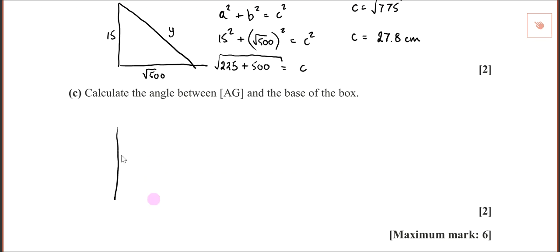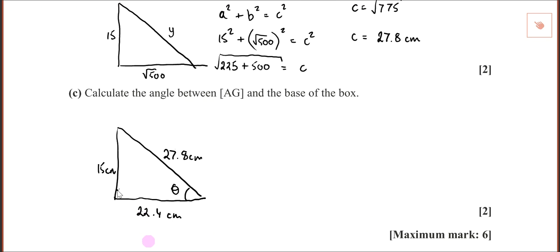We've got lots of options now because this is the angle I want. This we've said is 27.8. I'm going to write that decimal this time. And this was 22.4? And this one is 15. And it's a right angle triangle.